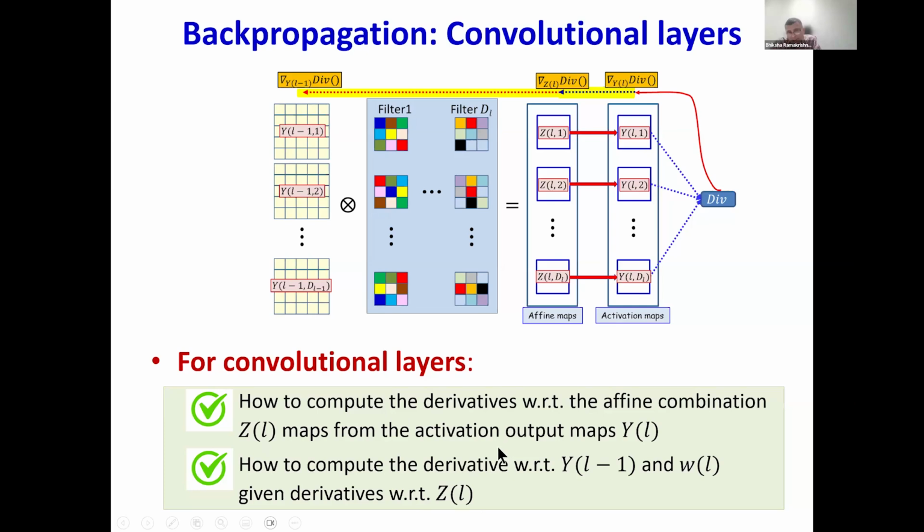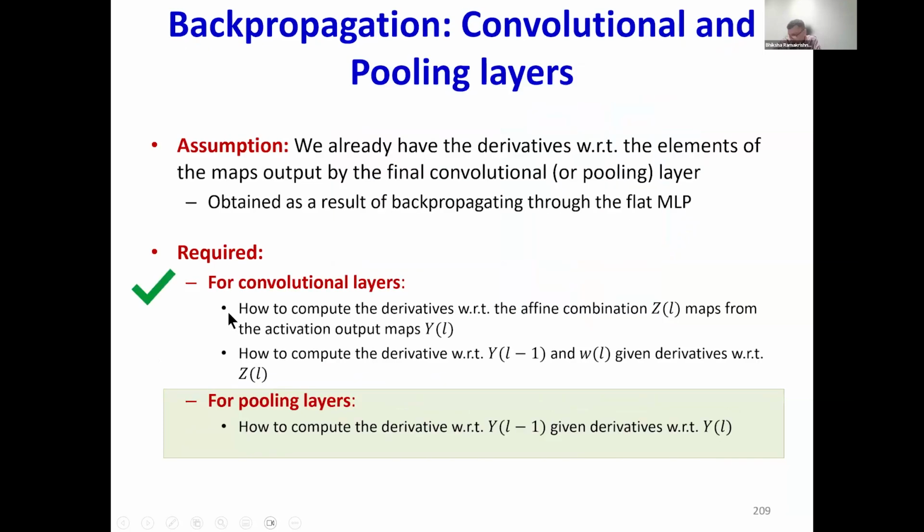But if you were using tensor operations and GPUs, you wouldn't actually be writing for loops. Anyway, for our purposes, we have figured out how to compute derivatives for convolutional layers. The next is how to compute derivatives for the pooling layers. So let's see how we can do this in the remaining 12 minutes.